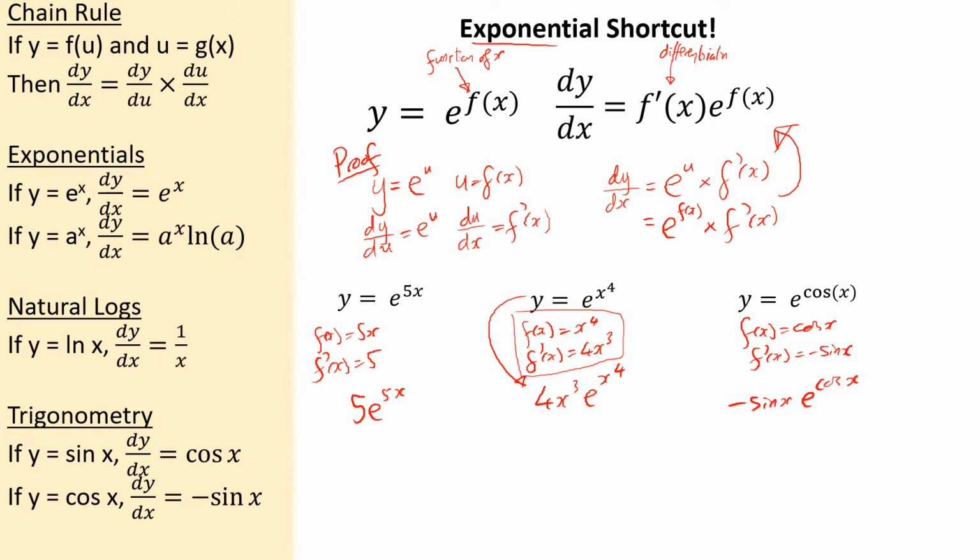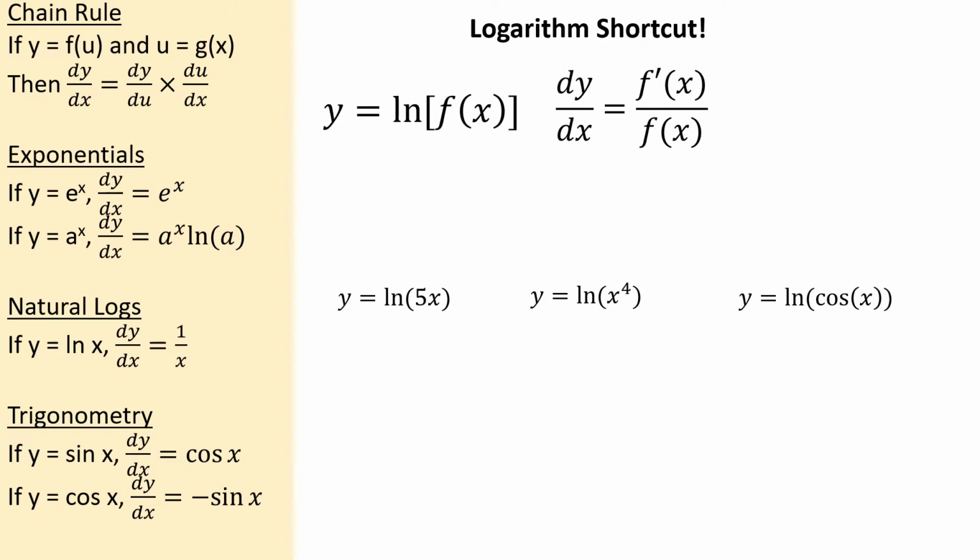Easy as some beans. Second of our three shortcuts is probably the cleverest, and that's if we've got the natural logarithm of f(x), ln, then the differential of that is f dash x over f(x). Now again, let's do a little bit of a quick proof here. We're saying y equals ln u, where u equals f of x. If we differentiate this, pen's really not behaving today, dy by du is 1 over u, and du by dx is f dash x.